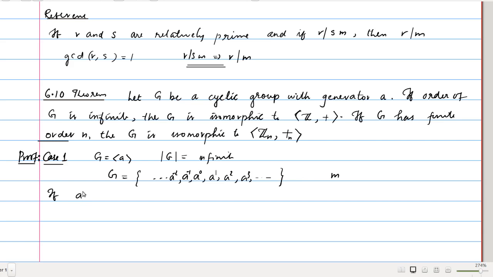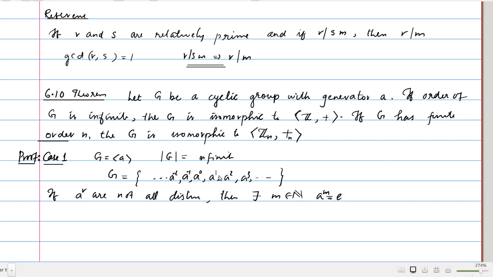If A raised to N or A raised to R are not all distinct, then there exists a positive integer M such that A raised to M is equal to E, that we have discussed earlier.